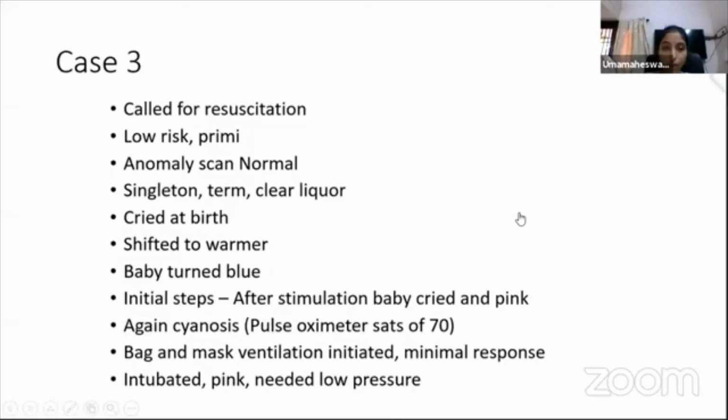So this is one more baby who is a low risk baby. Baby was shifted to warmer, cried at birth, turned blue again. Then initial steps were done, baby cried again, then again became cyanosed.